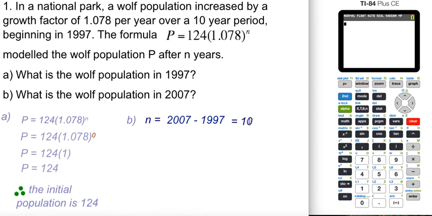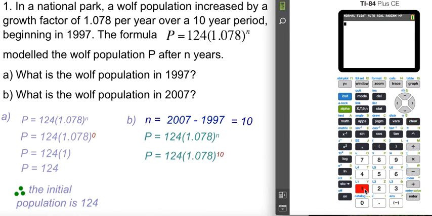Now I take that 10 and sub that into my equation for population. We can calculate that by first doing the exponent, just using our order of operations. 1.078 to the power of 10 is about 2.12.